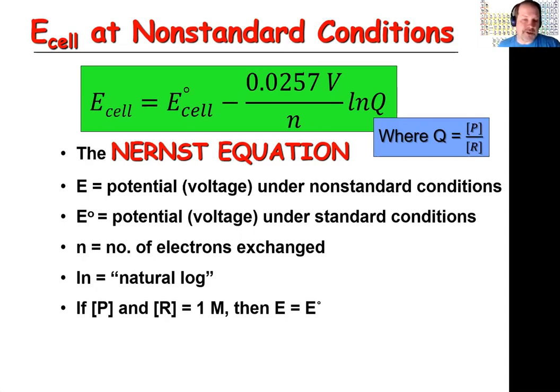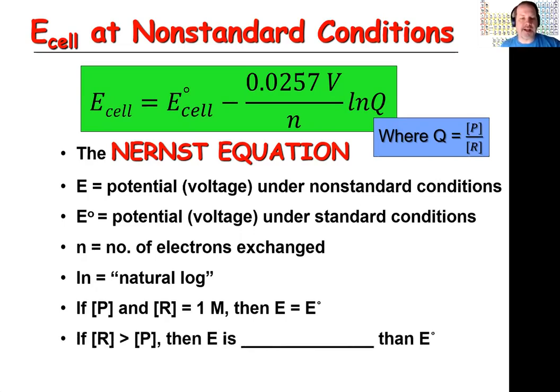Now it turns out if you had 1 molar of each, then the natural log of Q would become the natural log of 1, which is 0. Then E cell becomes equal to E naught cell.